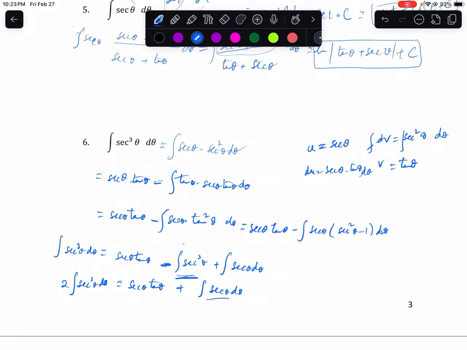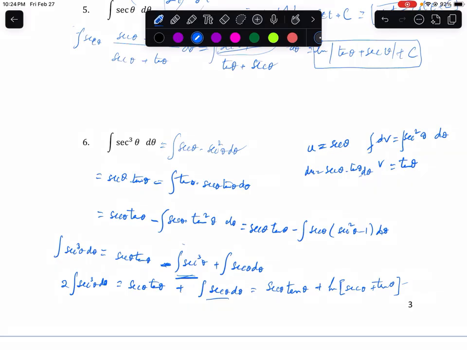So this is secant theta tangent theta plus ln of secant theta plus tangent theta. I'm not putting a plus c here just for one step, and then we can put the plus c.